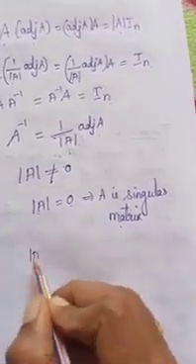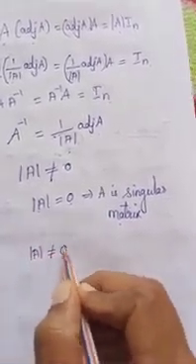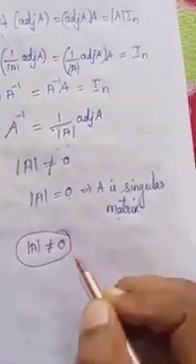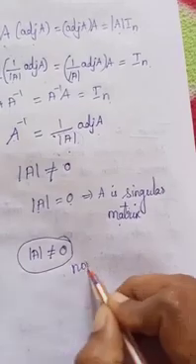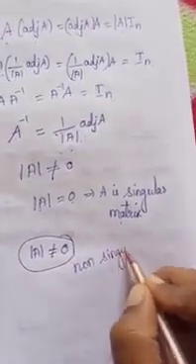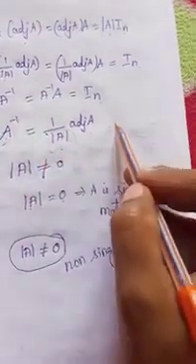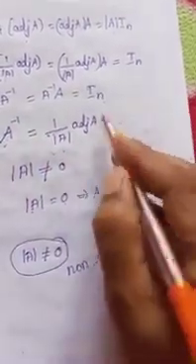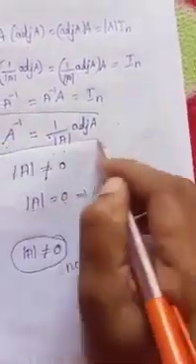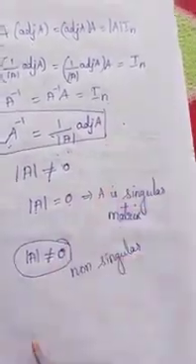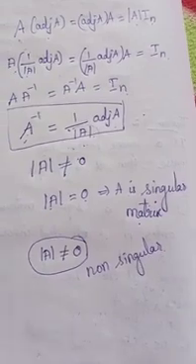So determinant A not equal to 0 is what we need. If A is a non-singular matrix, then we can say that A inverse exists. So the formula to find the inverse is A inverse is equal to 1 by determinant A into adj A.